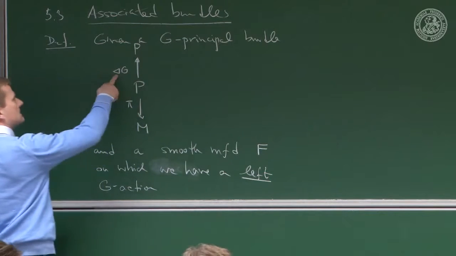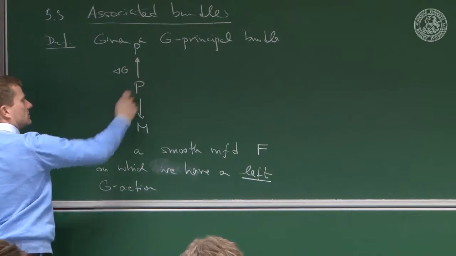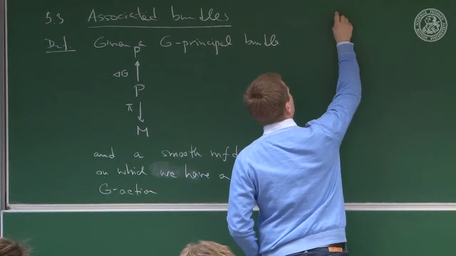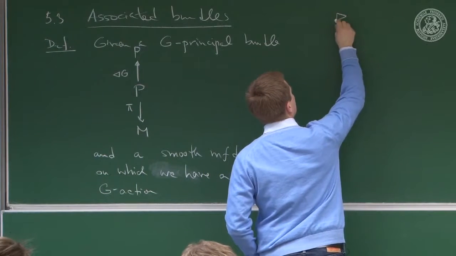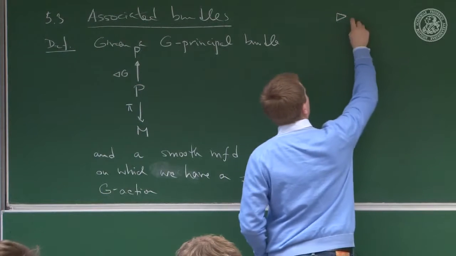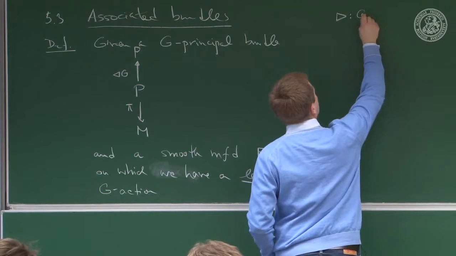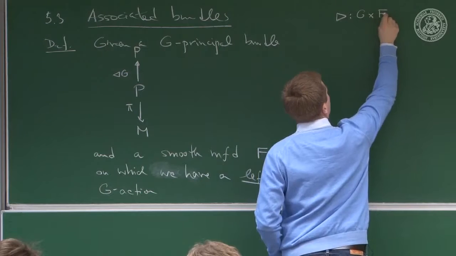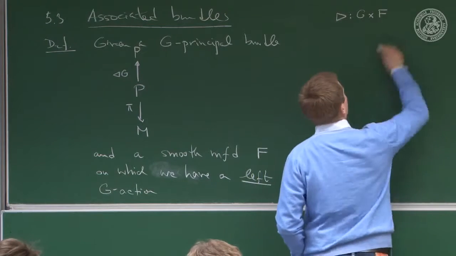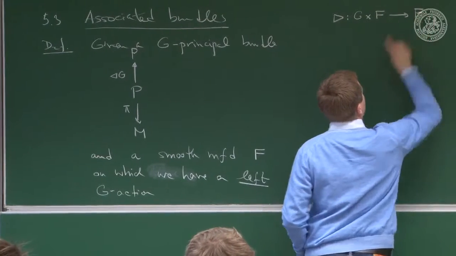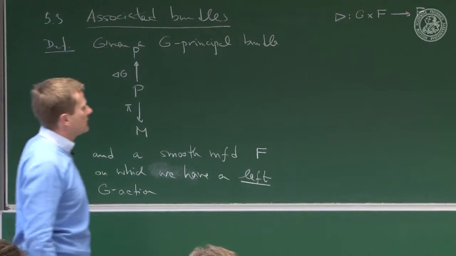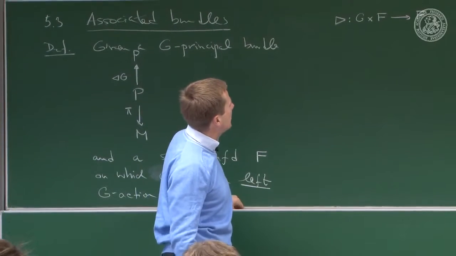Here we use this right G action on the total space of the principal bundle, but now we consider a left G action, so I use a symbol that looks very similar but points to the other direction. It's a totally different map. It takes a G and an element of this new smooth manifold F and takes it to F, and it is a left G action with the properties that this action had.